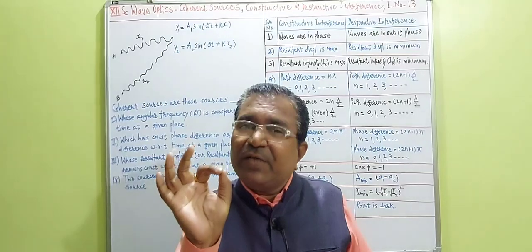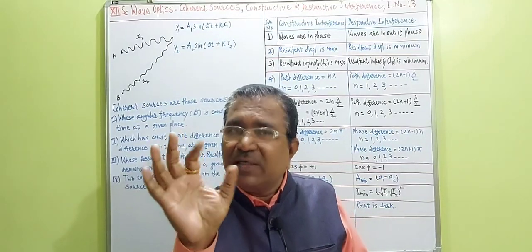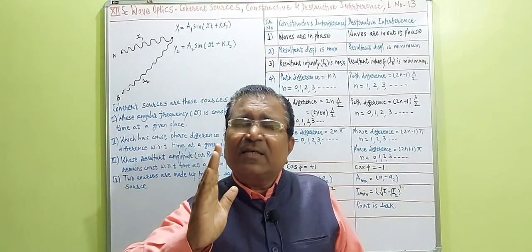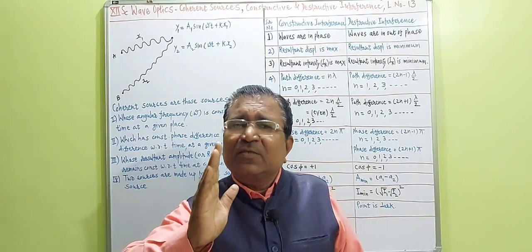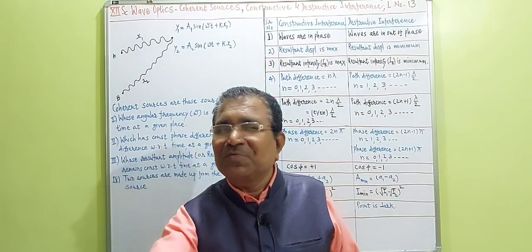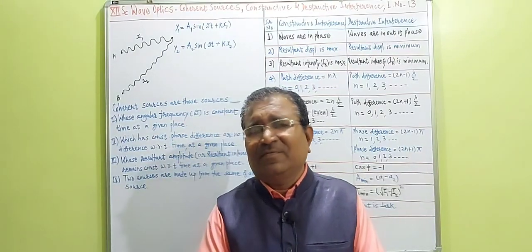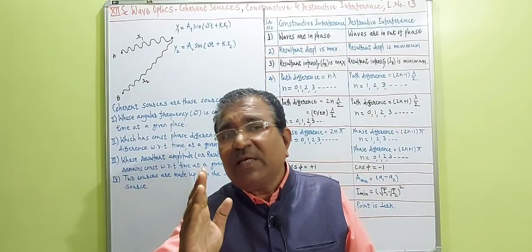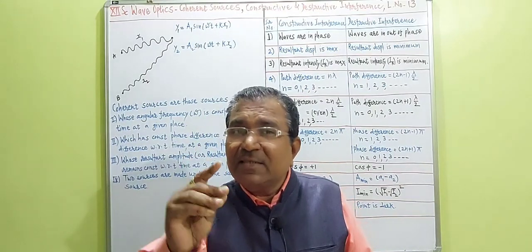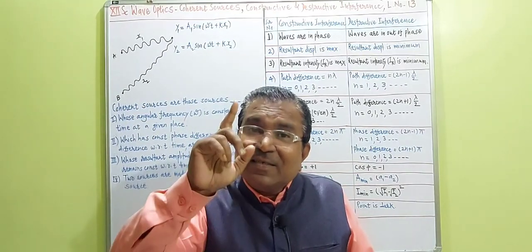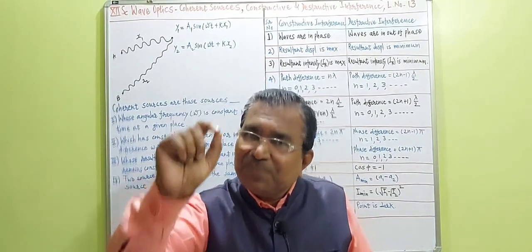Each and every word is important, dear student. Many of the students write the definition like this: whose angular frequency is constant. No, this is not a correct definition. Angular frequency of both the waves remains constant with respect to time at a given place.